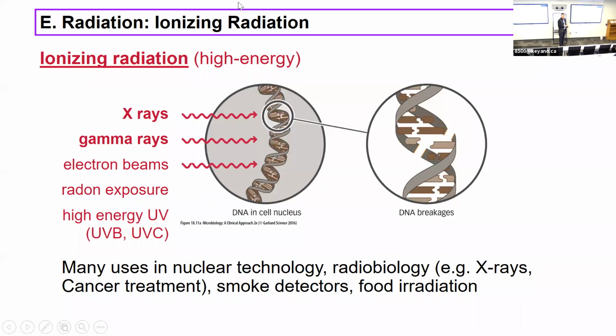So the ionizing radiation, if you know what an ion is from high school chemistry, an ion is a charged particle. Ionizing radiation can actually break bonds and make ions. So that's where the name comes from, right? And so it's high energy. This includes things like X-rays, certain types of UV, right? So UV, there's a whole range of it.